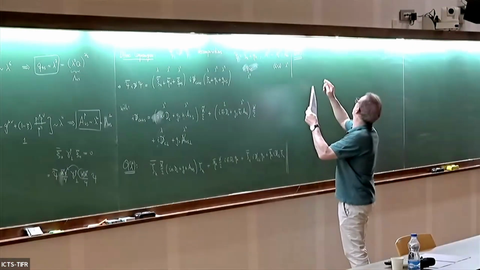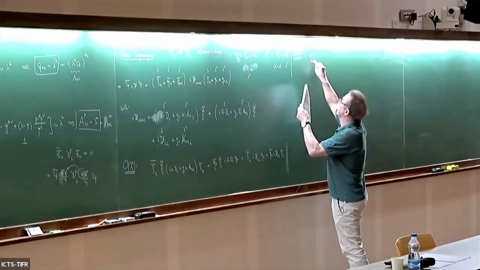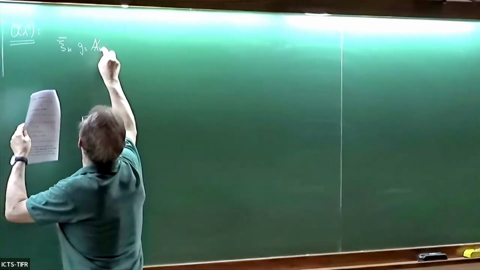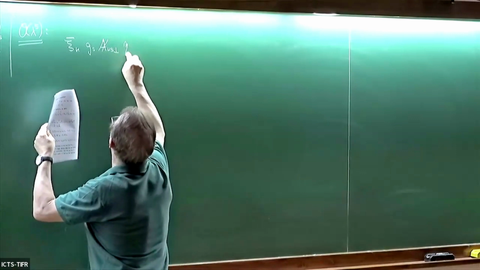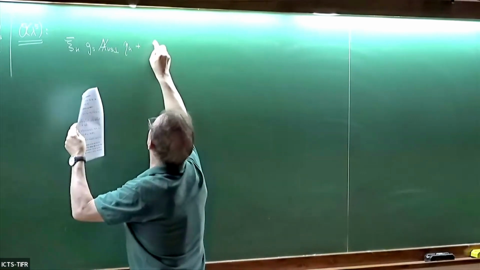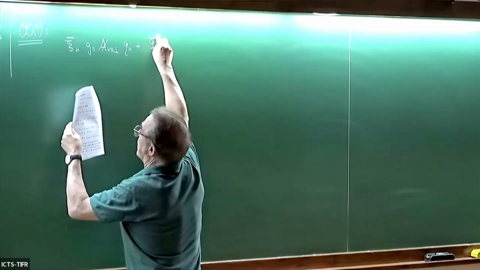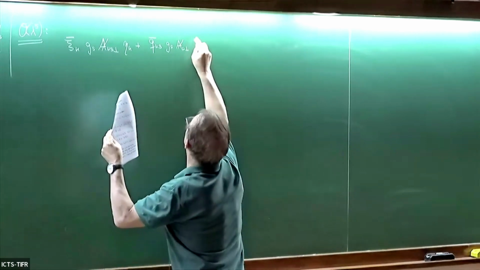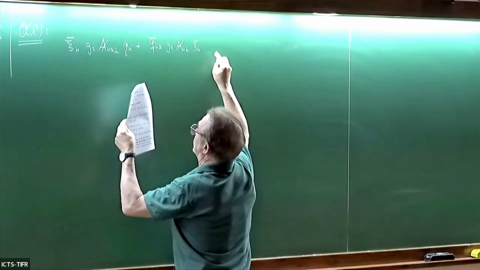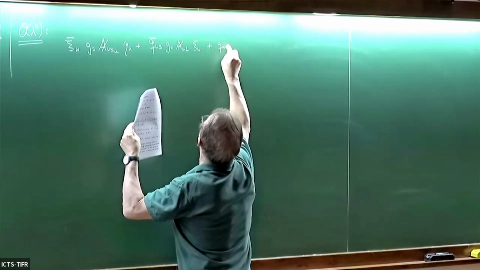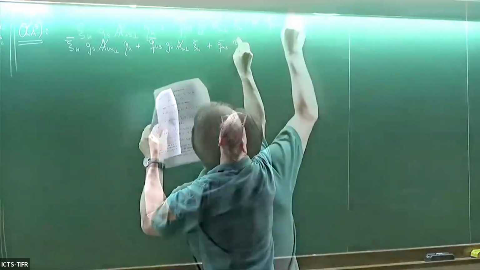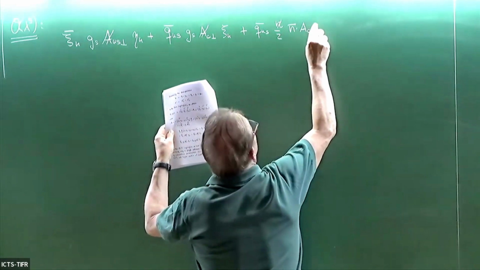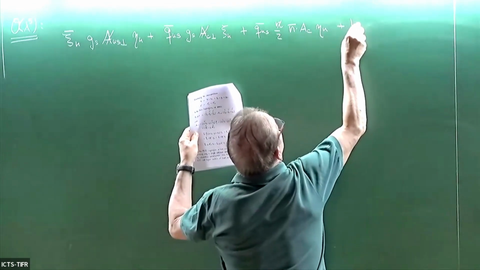At order lambda to the 5th, you get the following terms: Cn, g_s, A ultrasoft perp slash eta n, plus Cn, g_s, A perp collinear, plus Q ultrasoft, n slash over 2 n bar A collinear eta n, plus everything Hermitian conjugate.